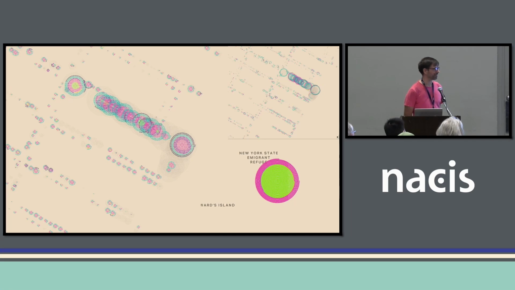And in the bottom right there, you can see there are some outliers, some buildings with just enormous numbers of people in them recorded in the census. So trying to manage how large those circles get was a fun part of this.